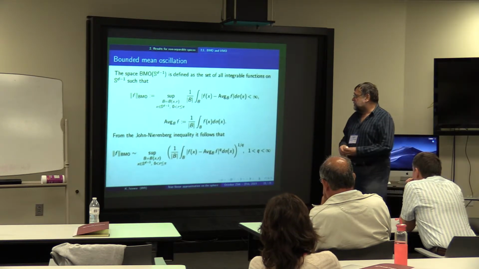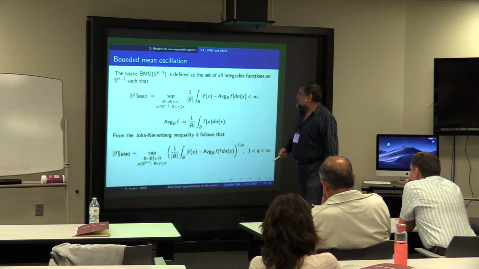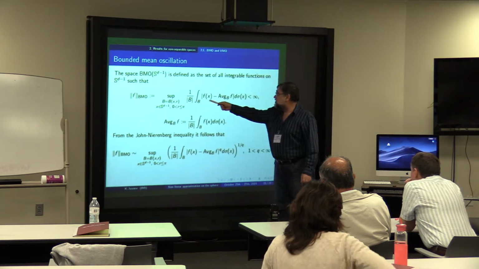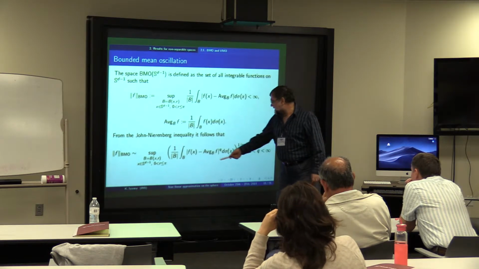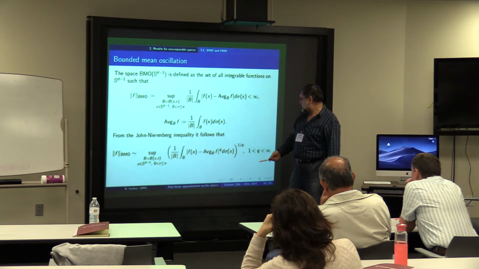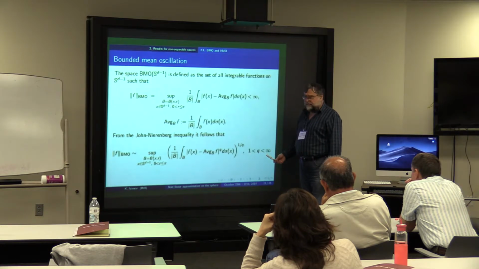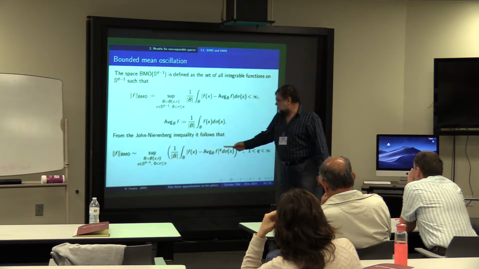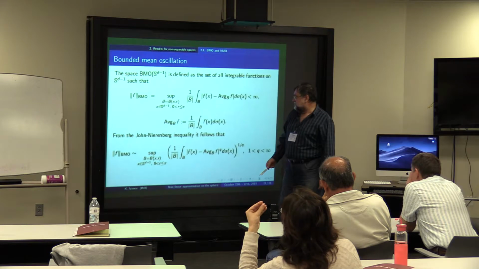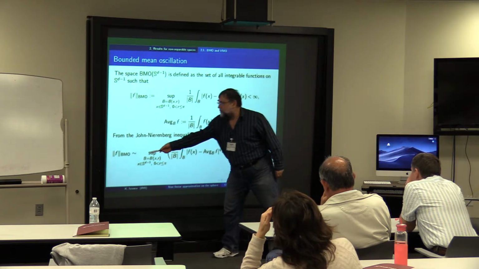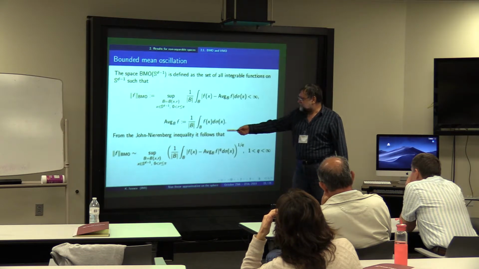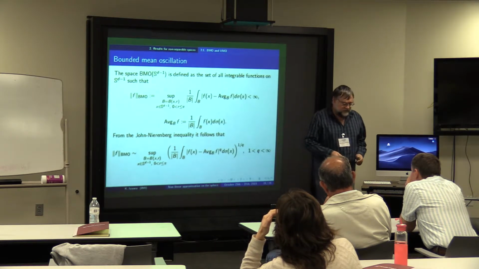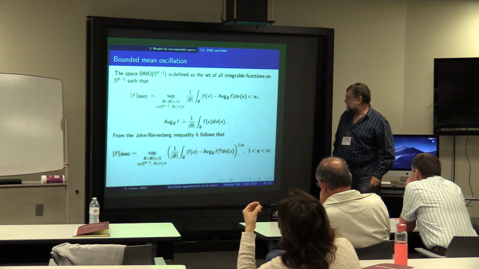We have the John-Nirenberg inequality, which gives us that there is nothing special with the L^1 norm which I have taken. I can take any L^q norm, q between 1 and infinity, and still have something equivalent to the BMO norm. So for q bigger than 1, we have the same as the BMO norm, equivalent up to a constant, q less than infinity.